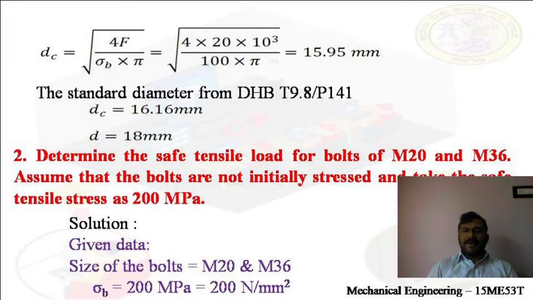First, write the given data. For M20, M stands for metric threads, and 20 indicates the nominal diameter of the bolt, size 20 mm. Similarly, M36 means nominal diameter of 36 mm. Stress is 200 MPa, that is the given value, 200 Newton per mm square.